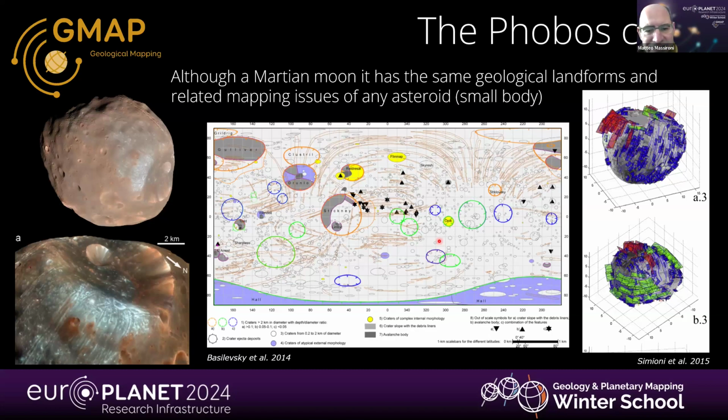This is a possibility that can be checked with the fracture arrangement. And then there could be grooves formed by ejecta of impacts on Mars that reached Phobos, creating this kind of striation on its body. So there are many things that can be understood by the study of the fractures.